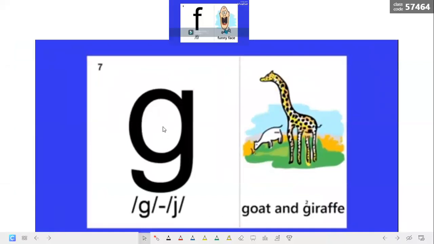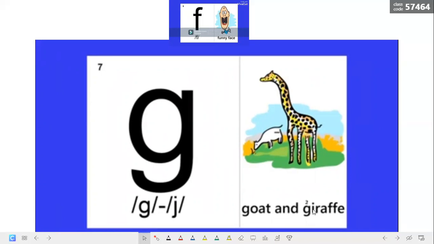And number 7, the letter G has two pronunciations. It could be ge, which is called hard ge, and je, the soft je. So we have two different ways, and the key sentence here says goat and giraffe. You will notice the first G is followed by O, and it is pronounced ge, goat.